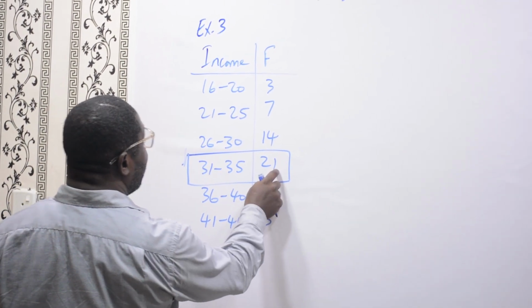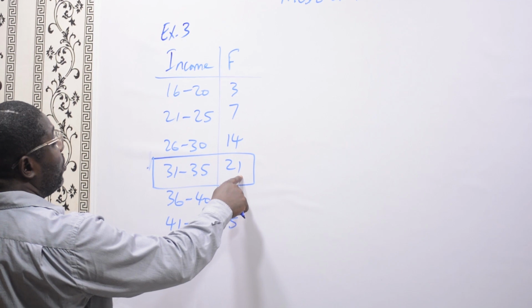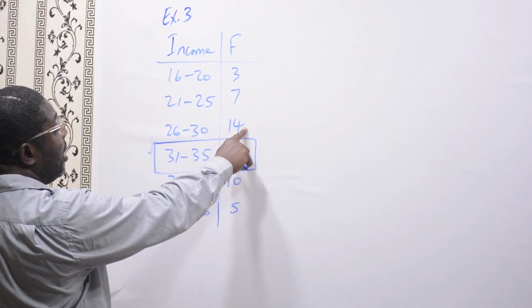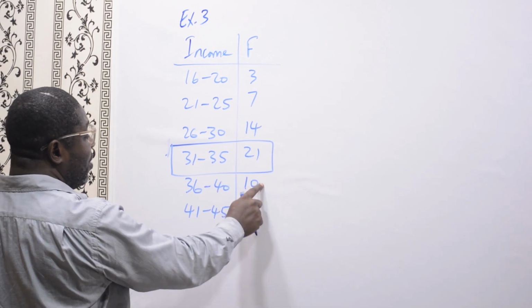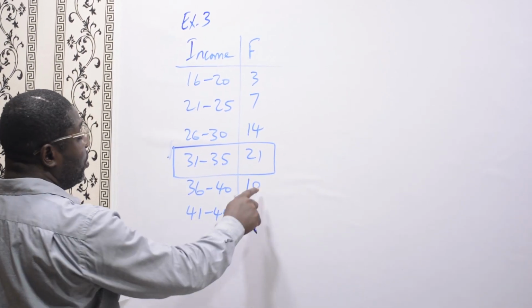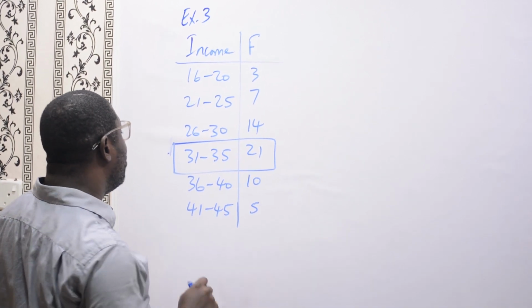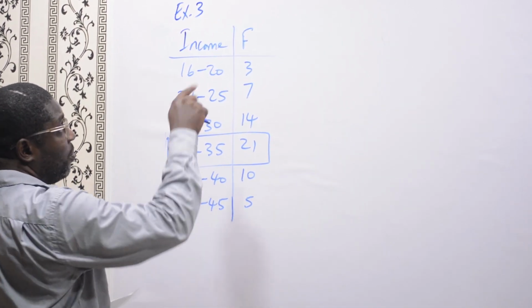And what we need again is to identify the frequency of the class before the modal class, which is 14, and the frequency of the class after the modal class, which is 10, for us to determine the mode of the distribution. So let's now write our formula here.